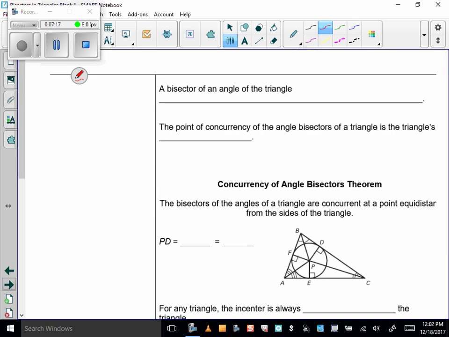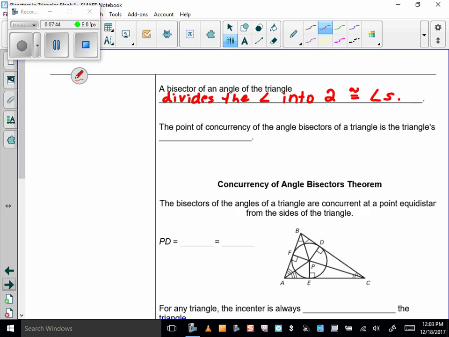Okay, what do we have next here? A bisector of an angle. We talked about angle bisectors last time, right? If I bisect an angle of a triangle, the bisector divides the angle into two congruent angles. And of course, we know that the bisector of an angle of a triangle.